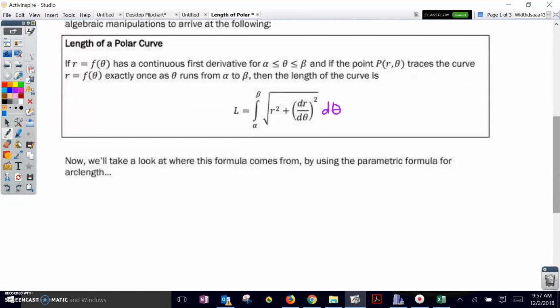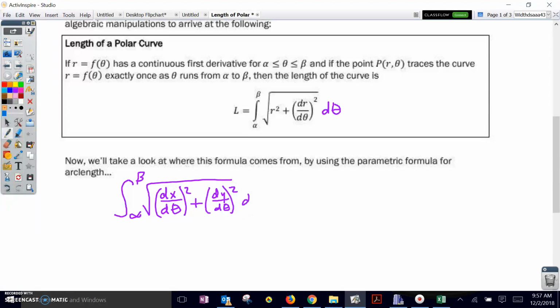We start with the idea of using the parametric formula for arc length. So we're taking the arc length from alpha to beta of the square root of (dx/d theta) squared plus (dy/d theta) squared with respect to theta. So that's our starting point here. And remember that when we have a parametric formula, x is equal to r cosine of theta, and y is equal to r sine of theta.